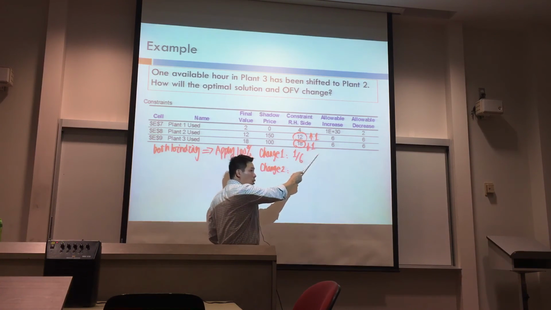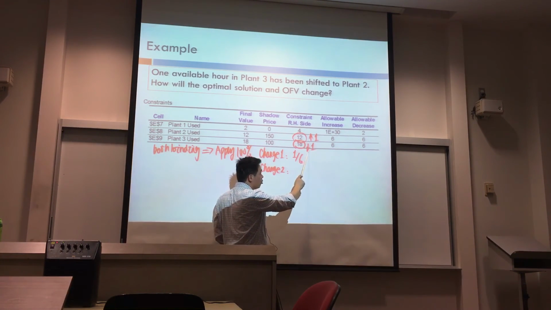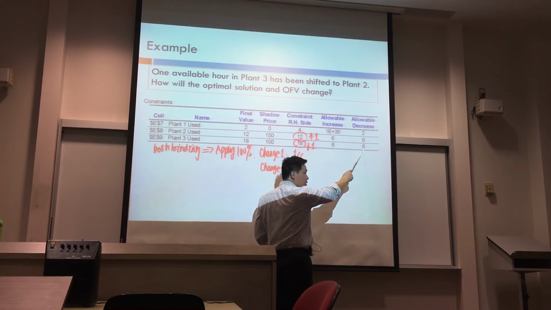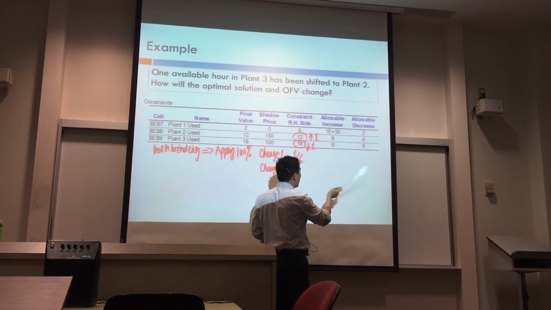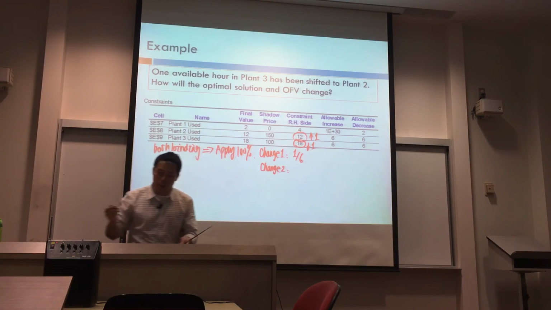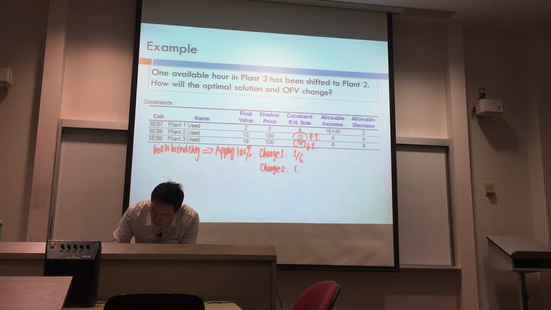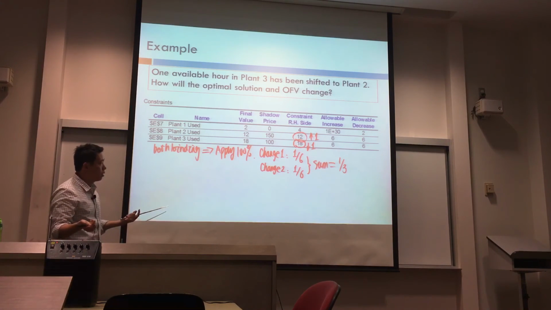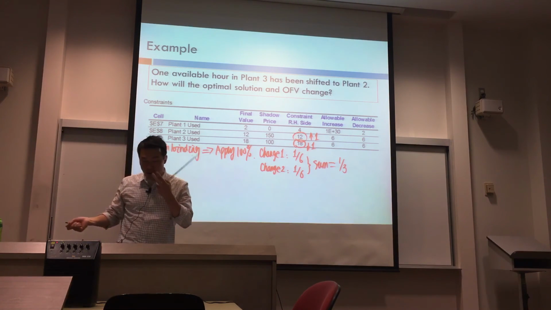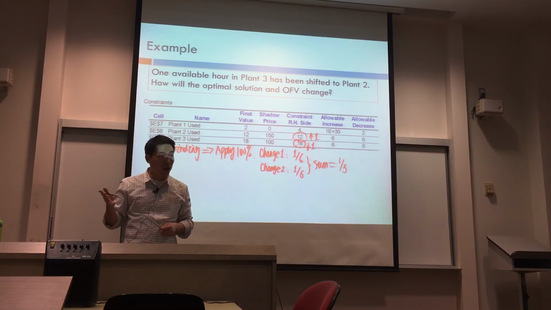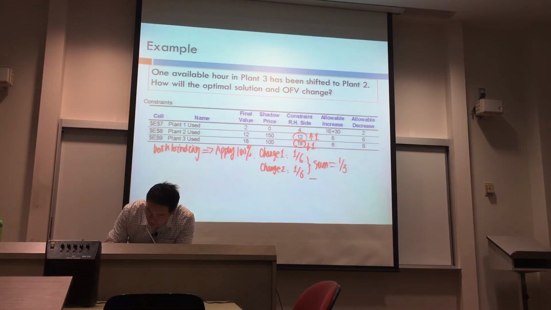Change 2 is decreased by 1, so you look at the maximum allowable decrease, which is also 6. So proportion-wise it is 1 over 6. The sum is 1 over 3, which of course is less than 1. So the shadow price stays the same.